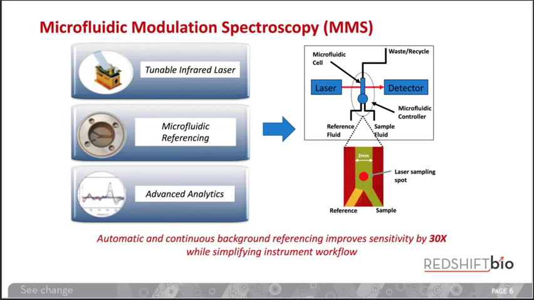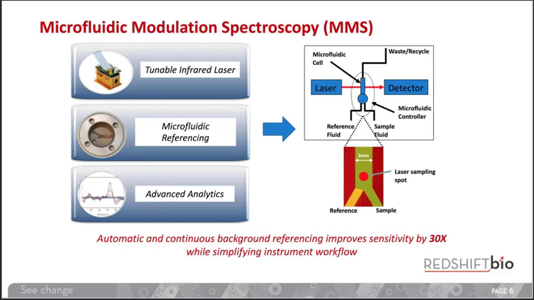And all of this is choreographed with our integrated software. So it coordinates the activities of our tunable laser with the modulation of the fluids and is able to construct a very accurate and very repeatable spectral profile for all our measurements.